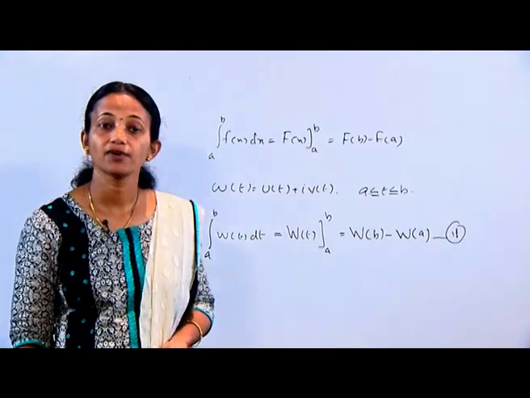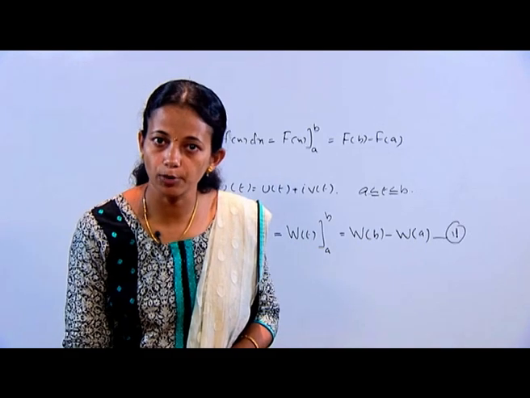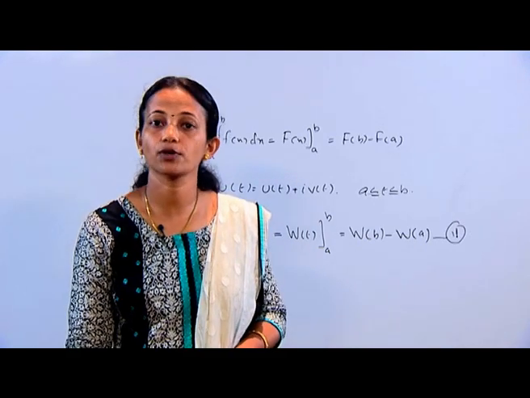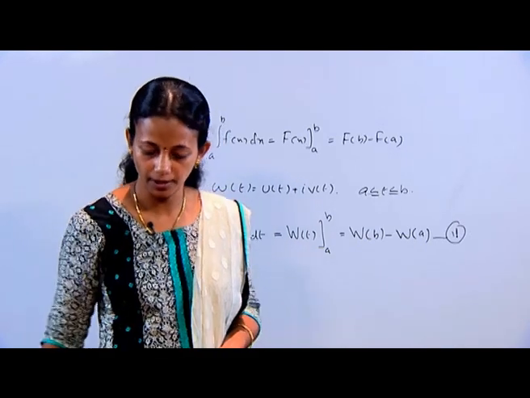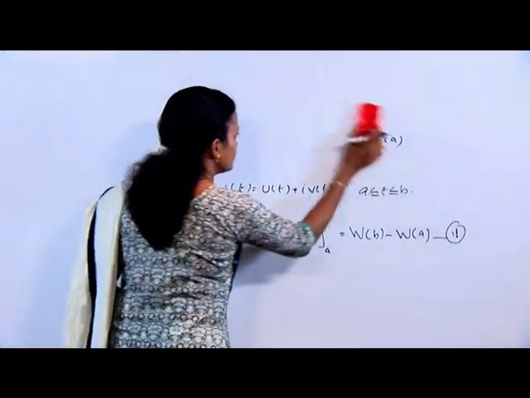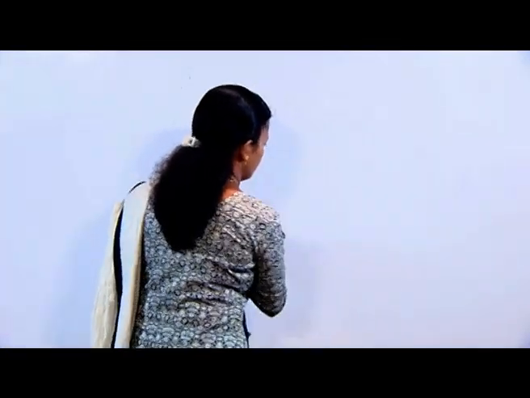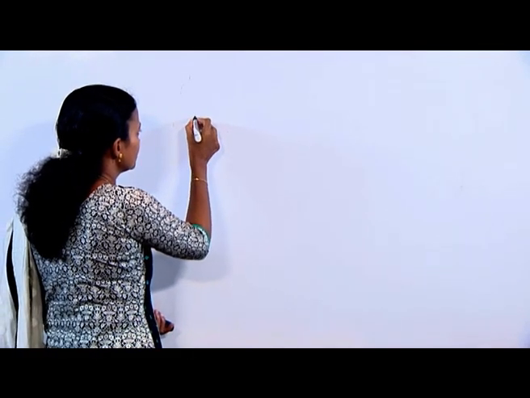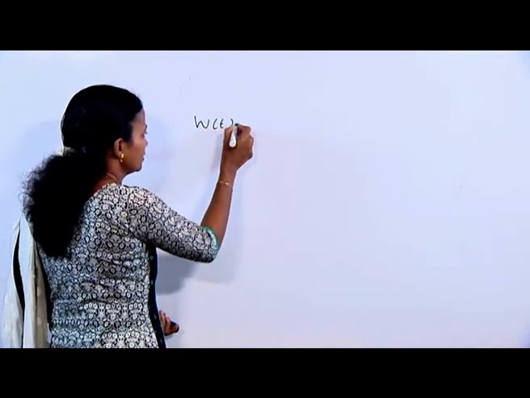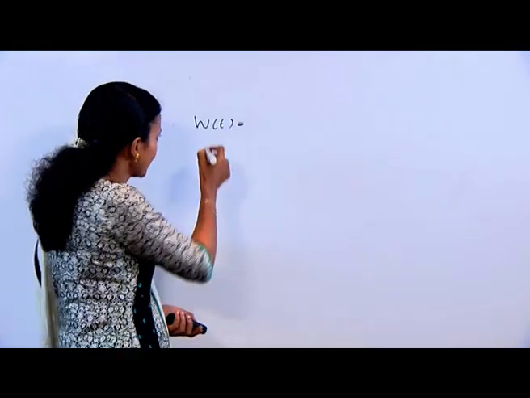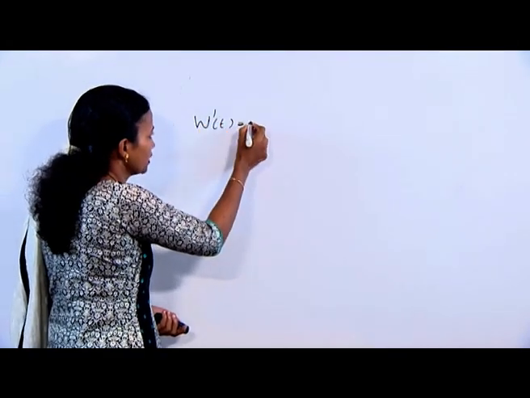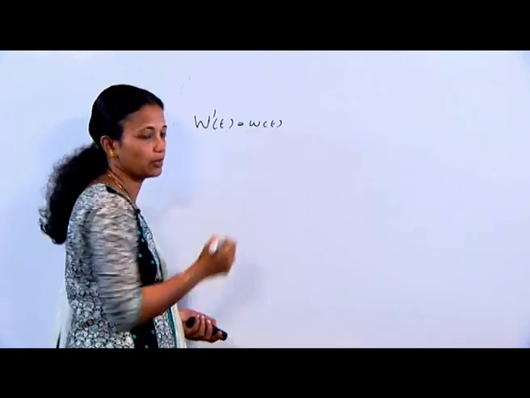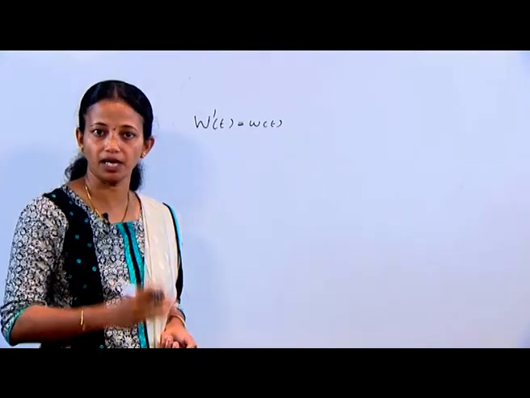Proof. If W dash of t is equal to w of t when a less than or equal to t less than or equal to b, then we have capital W dash of t is equal to w of t, where t varies from a to b.